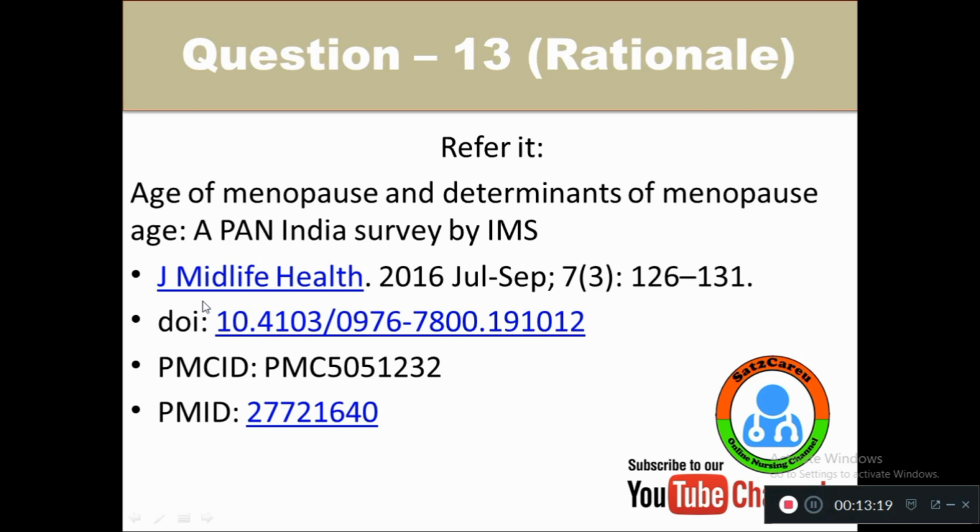The journal name is Journal of Midlife Health, and the PubMed ID is also given here. Go to PubMed and put this ID, and the particular article will open. You can see the mean age of menopause in Indian women is 45 according to this study.